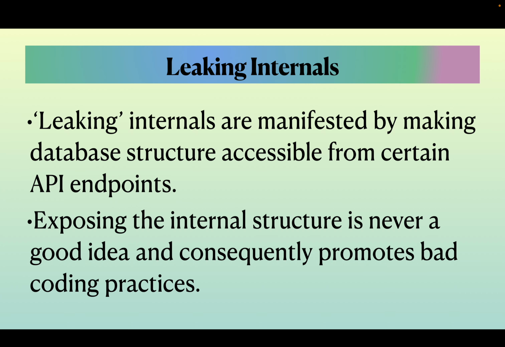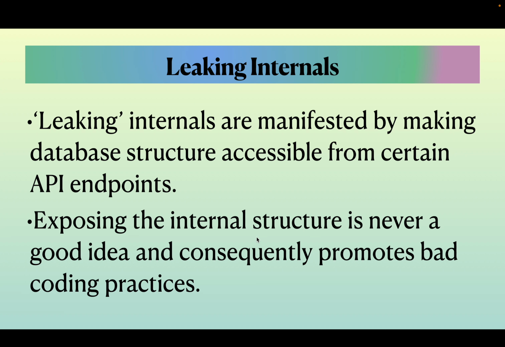So the next common mistake is, just as I showed in the example, leaking the internals. In the example we are leaking our entity class, or exposing our entity class, which is nothing but a database structure, to the API endpoint. It is not at all a good practice to expose the internal structure or the database structure to the API endpoints. That is a very, very bad coding practice.